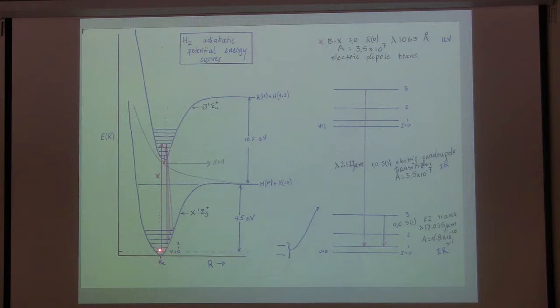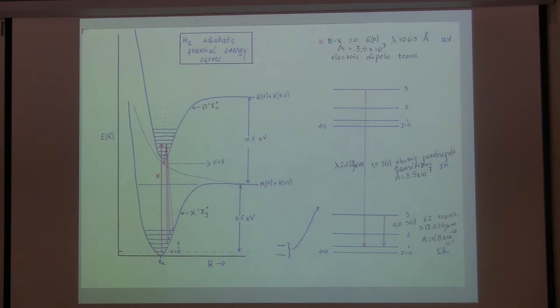So from V equals 0 in the ground state, an ultraviolet photon is absorbed, excites the molecule into some distribution of excited vibration rotation levels. The rotational quantum number can change only by 0, but there can be a broad distribution of final vibrational states here following the absorption.